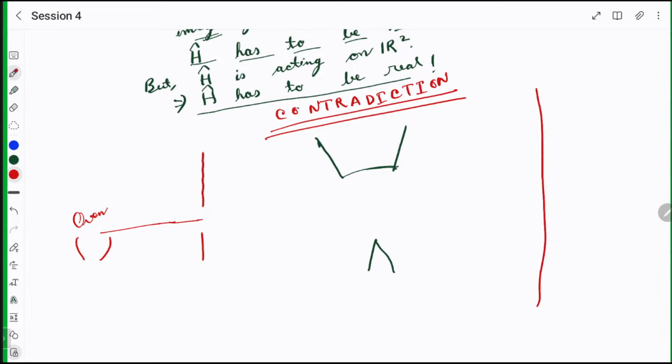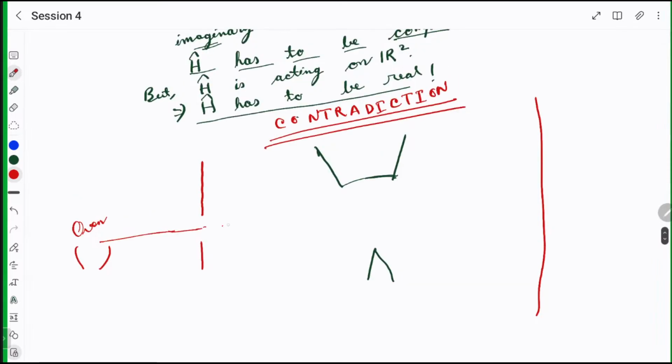According to classical mechanics, we expected the electrons to be detected all over the screen. But in the experiment, we observed that there were only two spots visible, so the electrons hit either here or here.